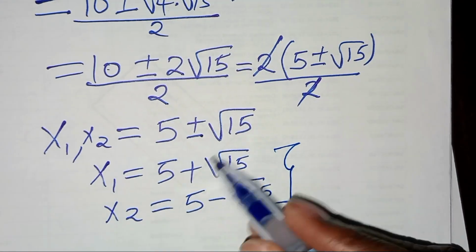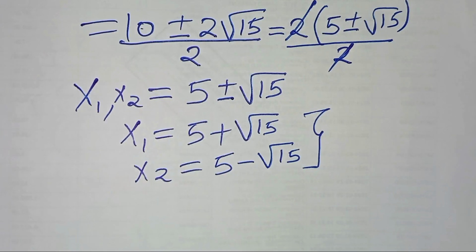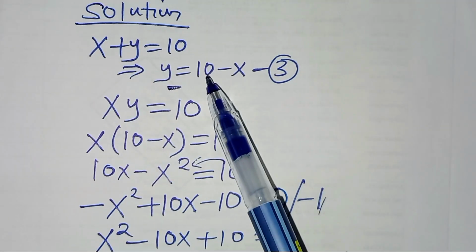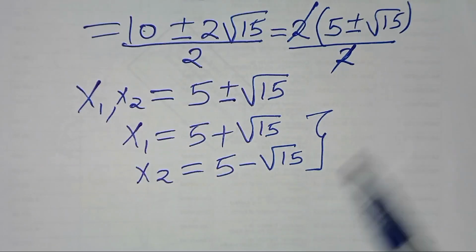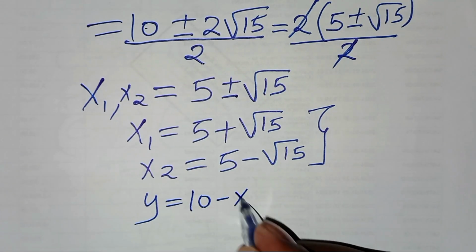So now we have x1 and x2. Let's solve for the corresponding values of y. If you recall, equation 3 is y equal to 10 minus x.